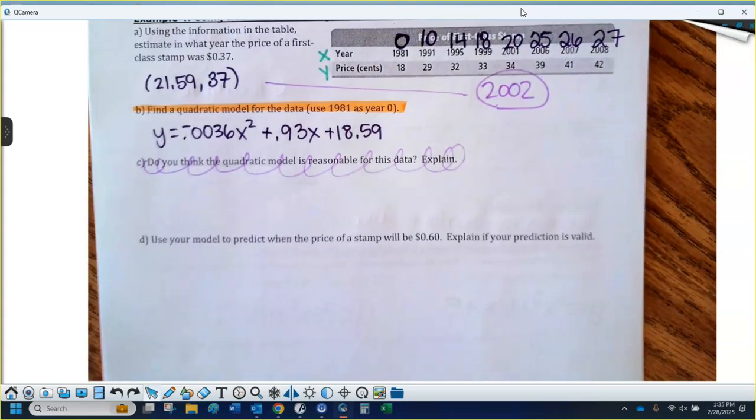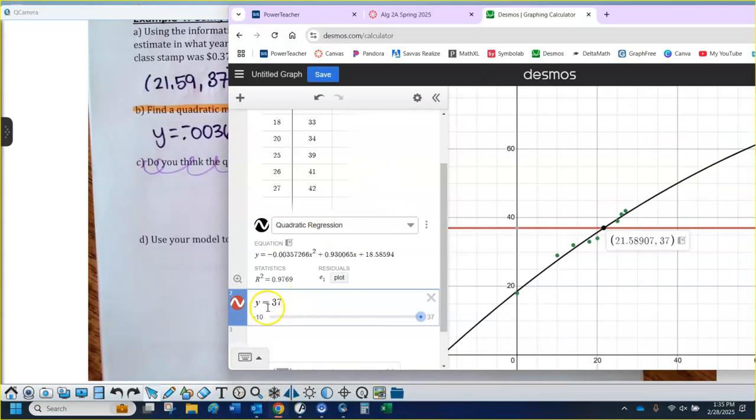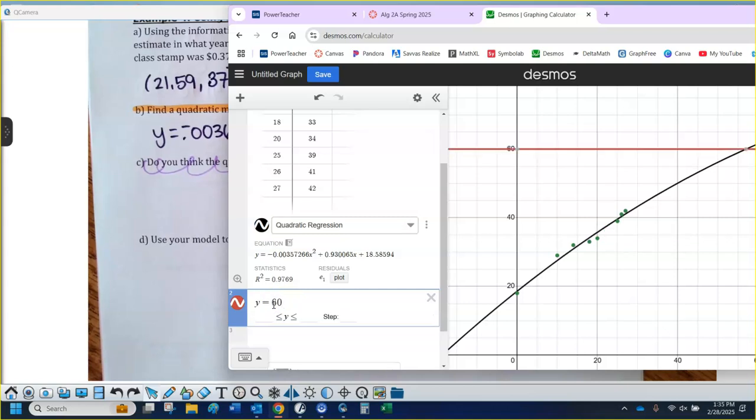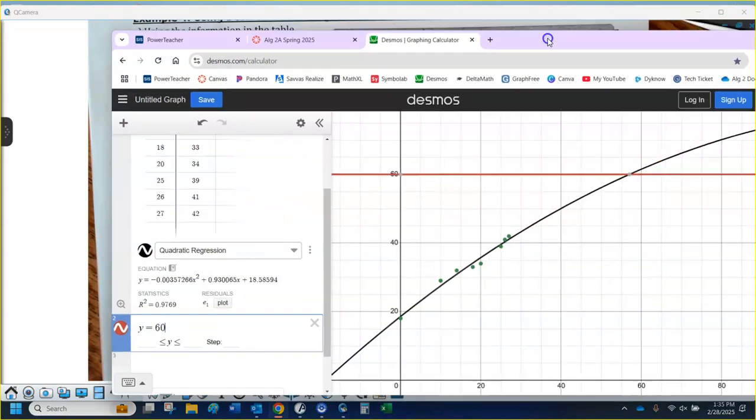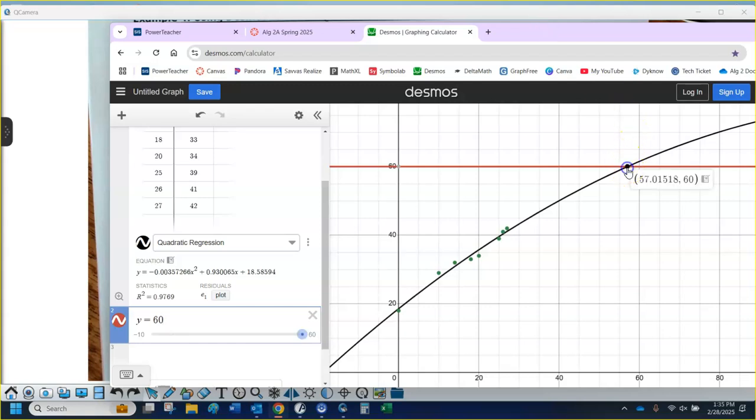I do want to know, can you predict when the cost of the stamp would be 60 cents? I'm going to do the exact same thing I just did. Just grab your Desmos, and now if I want to know when it's going to be 60 cents, just type in y equals 60. That'll be this red line that you guys see on the graph, and then we can figure out what year that would be.